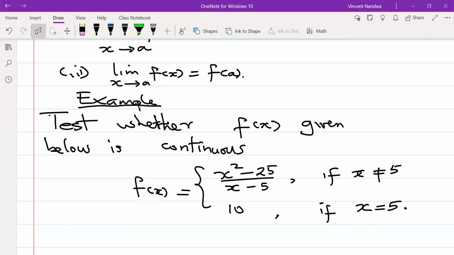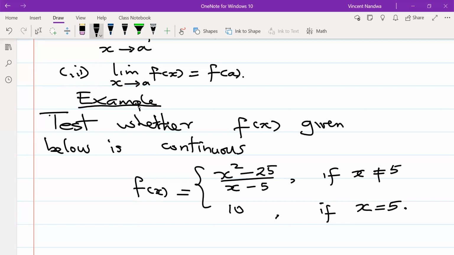It is x squared minus 25 over x minus 5 if x is not equal to 5. If x equals 5, it's 10.